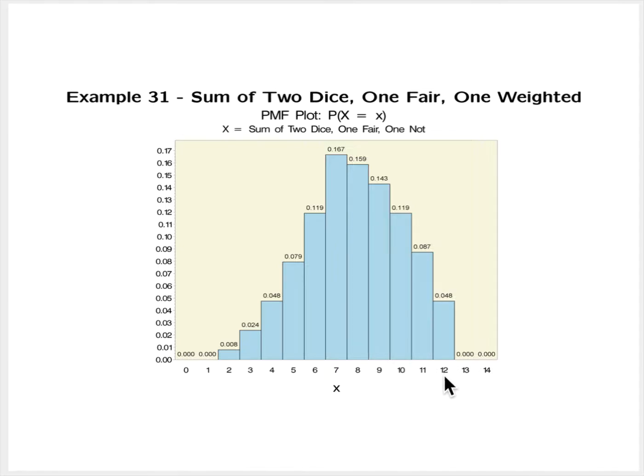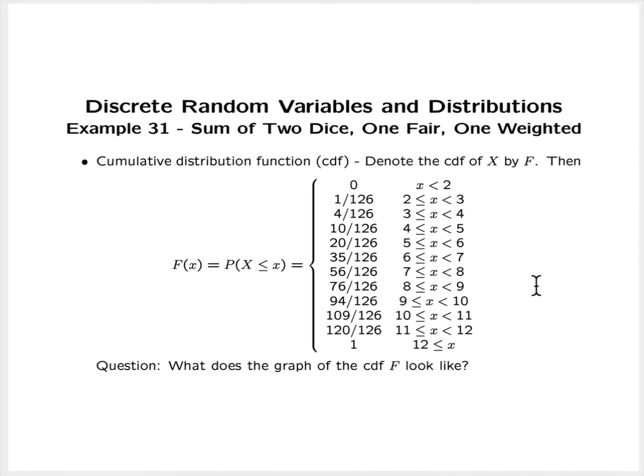Once we get to 12, we've accumulated all the probability that there is to accumulate, and so the CDF evaluated at any value of x that is greater than or equal to 12 will be equal to 1. And then at values of x that are greater than or equal to 2 and strictly less than 12, it would depend on where we are. All right, and this is what we get.